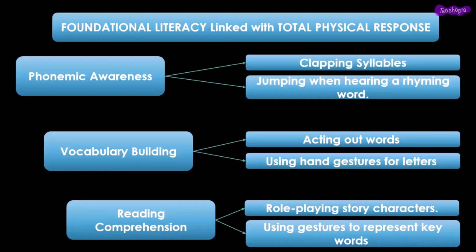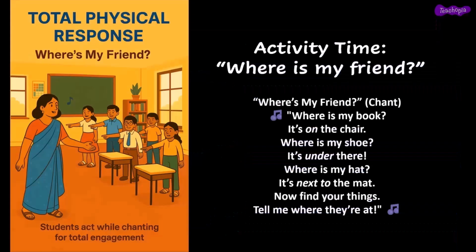For example, with phonemic awareness, clapping syllables and jumping when hearing a rhyming word can be used as TPR activities to help build learning and comprehension. With vocabulary building, acting out words, or using hand gestures for letters can be used to build vocabulary. Reading comprehension. Here, role playing for story characters and using gestures to represent keywords can be used to build reading.